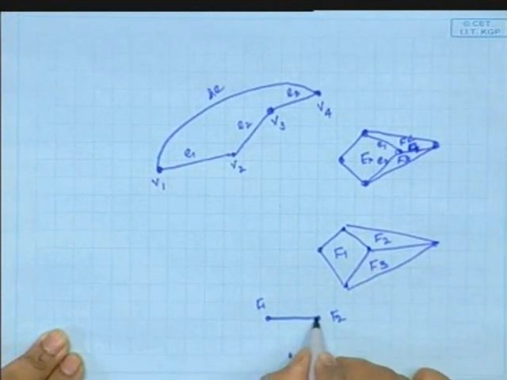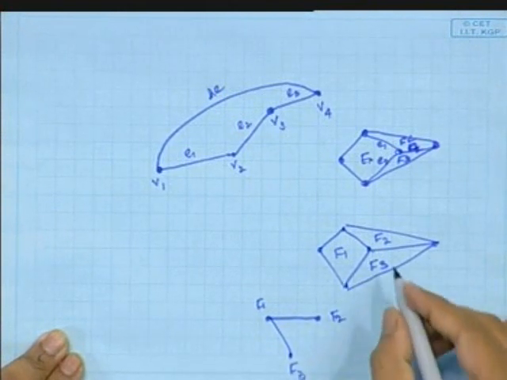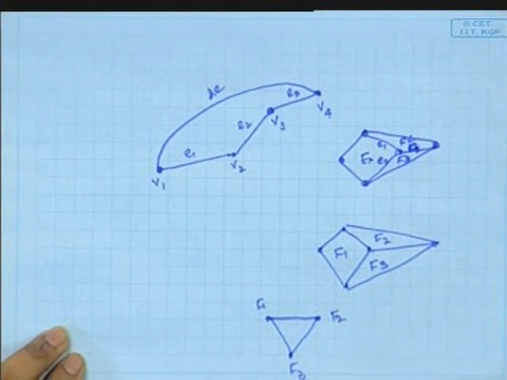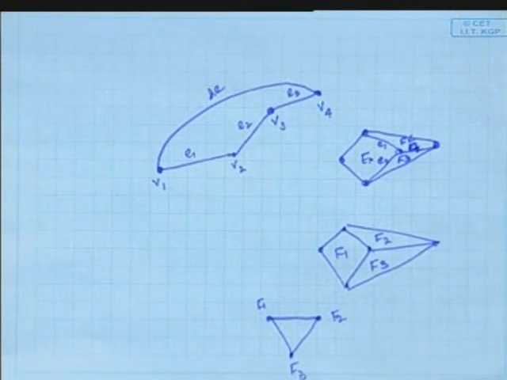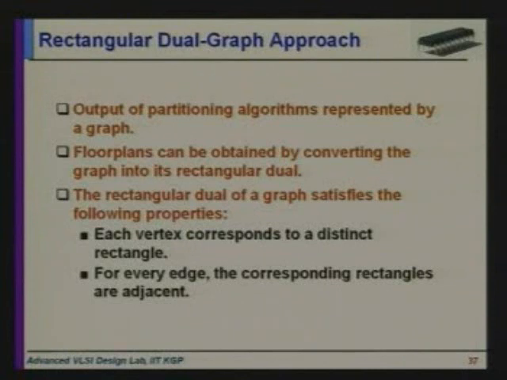So F1 and F2 will have a connection, F1 and F3 will have a connection, F3 and F2 will also have a connection. Okay. In the rectangular dual, each vertex will be a distinct rectangle, and there will be an edge if the corresponding rectangles are adjacent.